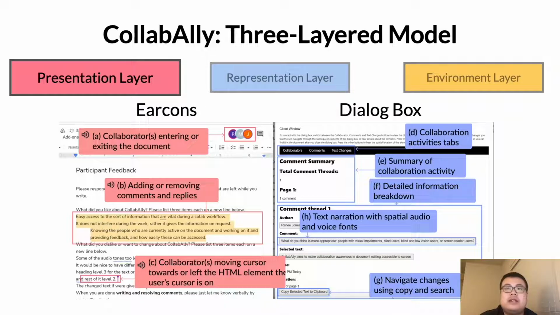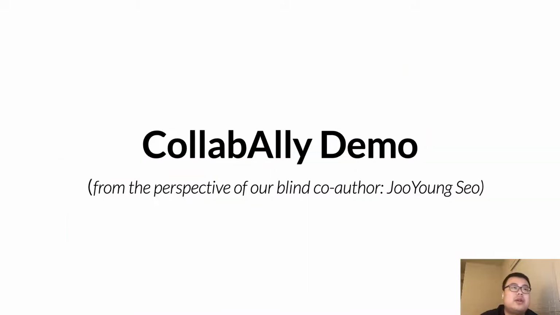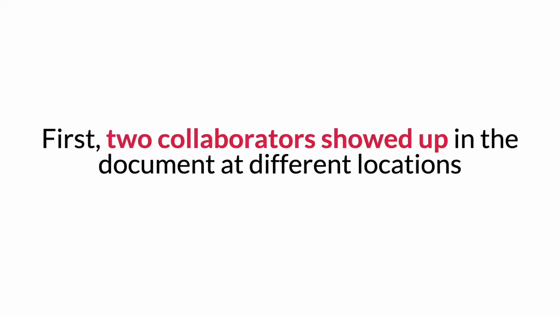We also incorporated spatial audio and voice fonts to further contextualize who, where, and when certain collaboration activities took place in the document. To demonstrate how CollabAlly works in a real-world scenario, our co-author JooYoung uses CollabAlly to review and edit one of our study materials.